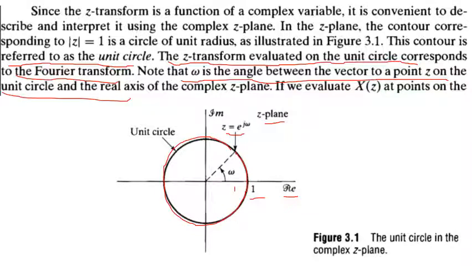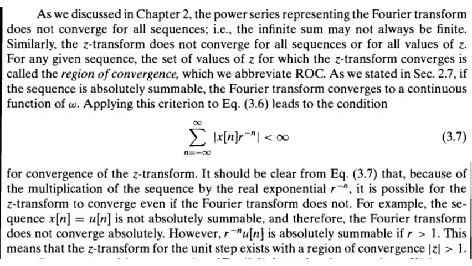There are two things to remember here. If you remember from chapter 2, the Fourier transform does not converge for all sequences. An infinite sum may not always be finite.